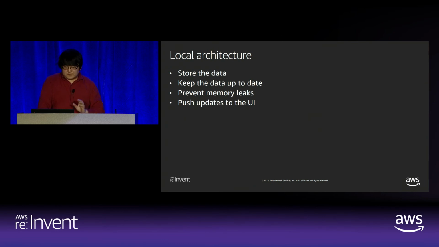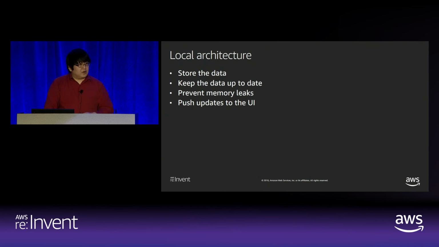So at this point, we've done all of the code to talk to the cloud. Let's look at how to actually keep that in our local architecture, our application architecture. What we're trying to achieve is we want to store the data and keep the data up to date, because stale data is not so great. But on top of that, we want to prevent any memory leaks.